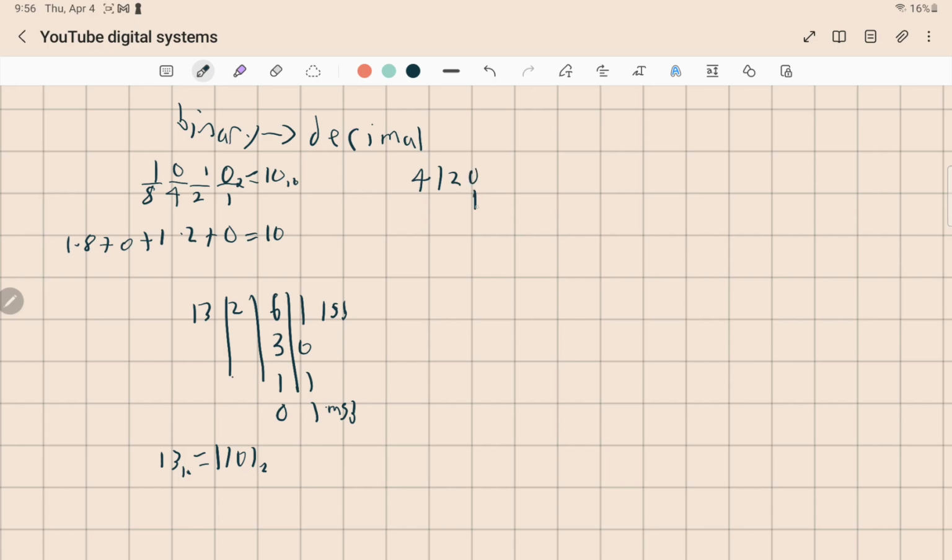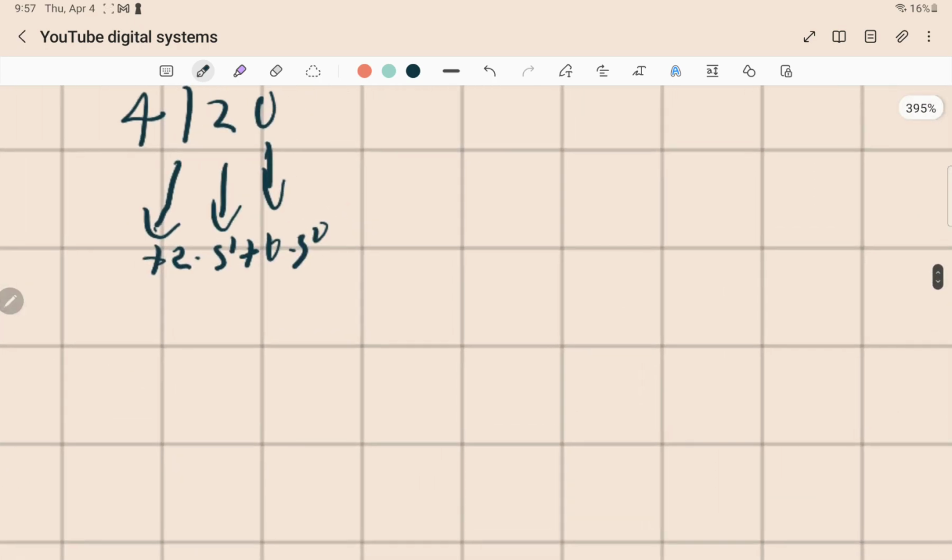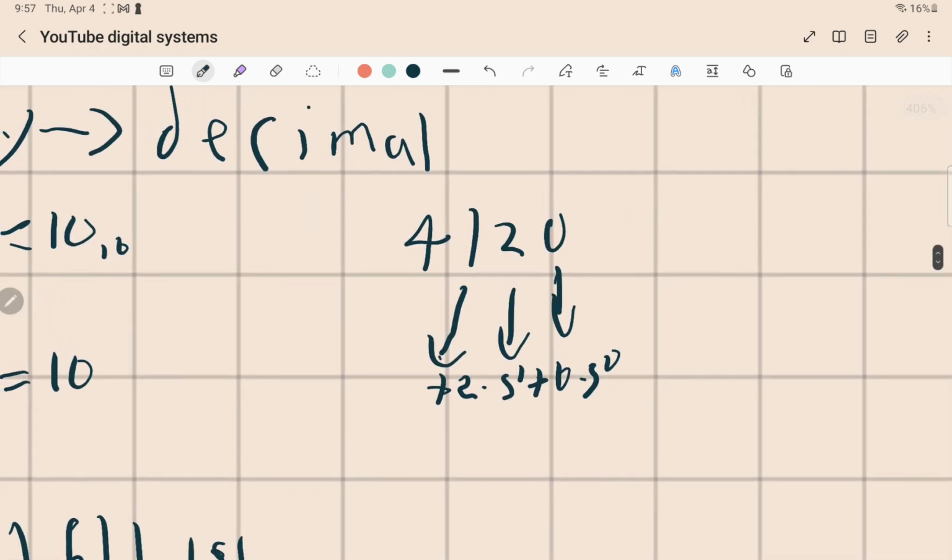So it's going to be 0 times 5 to the 0, plus 2 times 5 to the 1, plus 1 times 5 to the 2, plus 4 times 5 to the 3.